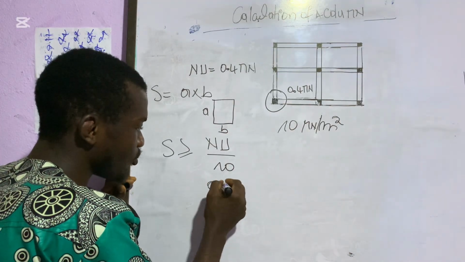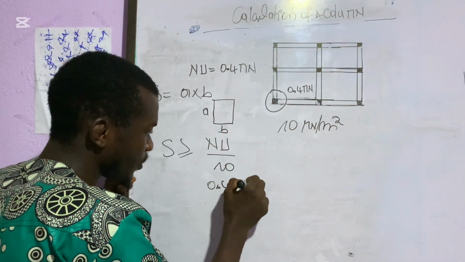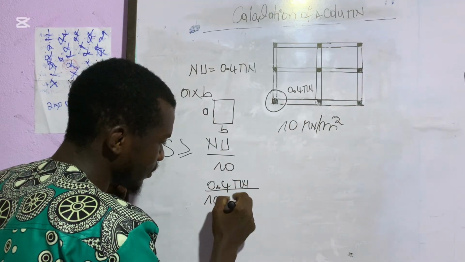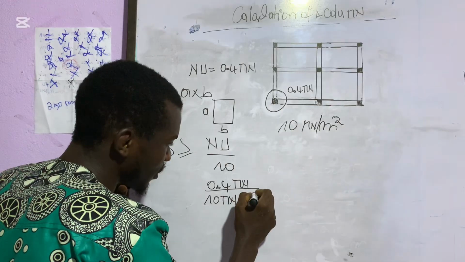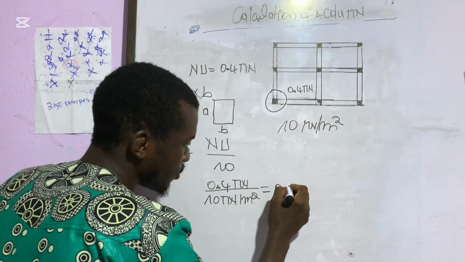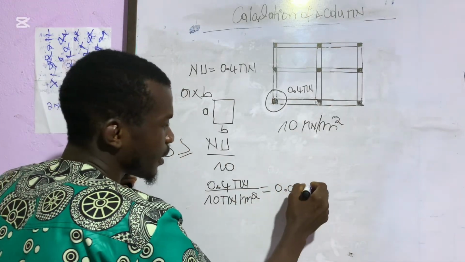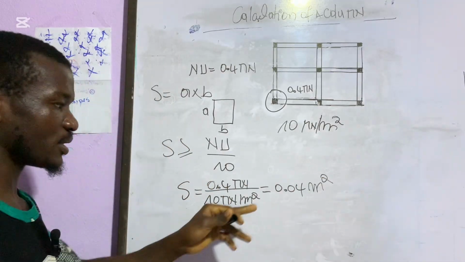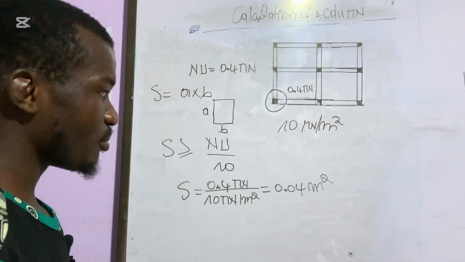We have 0.4 megapascal divided by 10 megapascal per meter square, which gives 0.04 meter square. So our section is equal to 0.04 meter square.